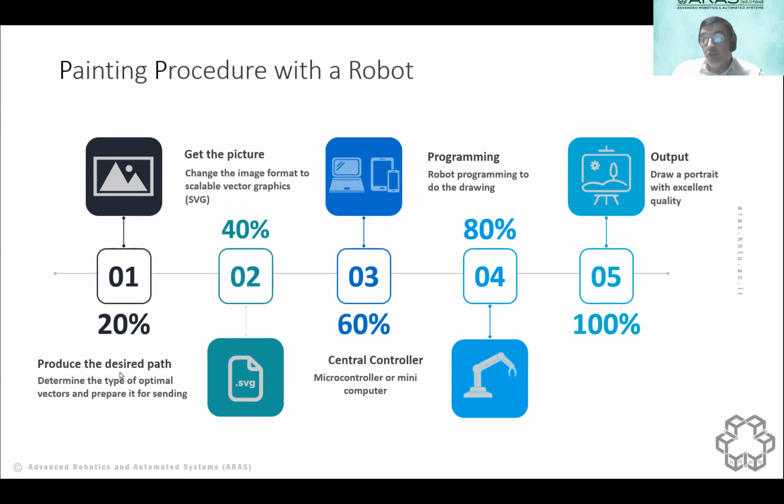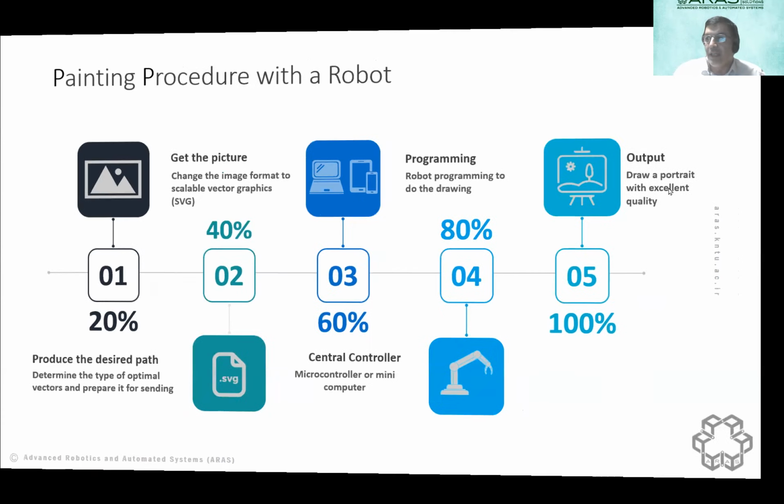Then we should produce a desired path, which could be an optimal path for the robot to move, to have different lines on the board. We have a central controller, of course, and the software that makes sure that the painting is going to come out. And then we have to draw the picture with excellent quality.